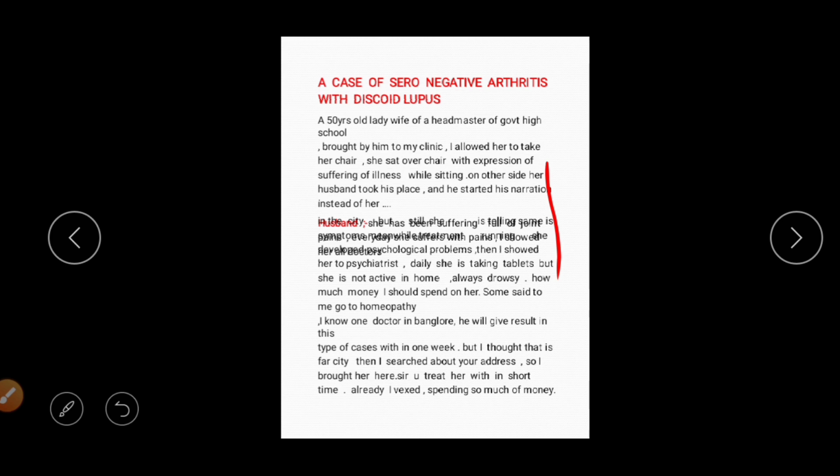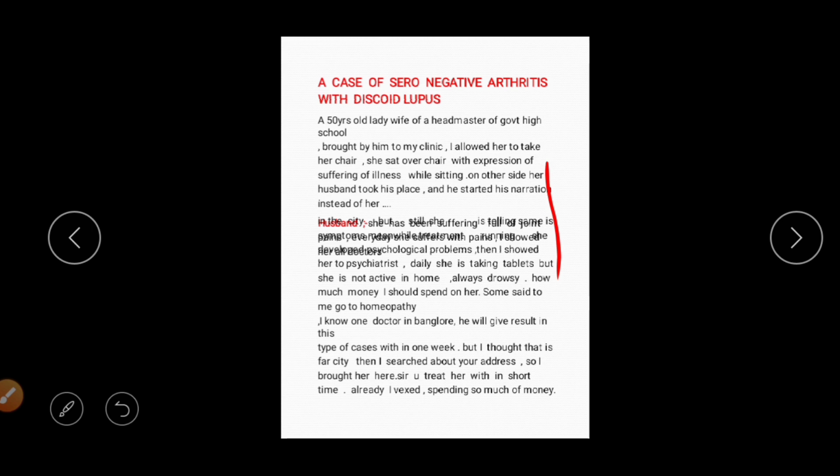Before going to the depth of the case, I will just read the case. This is the case of a 50 year old lady. She is the wife of a headmaster of a government high school.